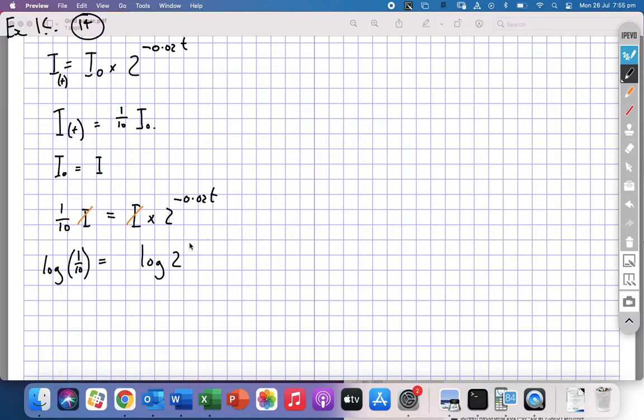Then next step will be to use our log law to pull this power out, times log 2. We might want to rewrite this log. This is log 10 to the minus 1. Because I've got a negative here, and negatives are kind of irritating, I'm going to pull the minus out, minus 10 to the minus 1. I'm going to pull the minus 1 out so that I can cancel those.